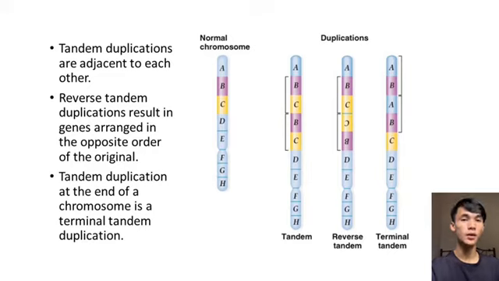When the order of genes in the duplicated segment is the opposite of the order of the original, the mutation is reverse tandem duplication. If the duplicated segments are arranged in tandem at the end of the chromosome, the mutation is then called terminal tandem duplication.